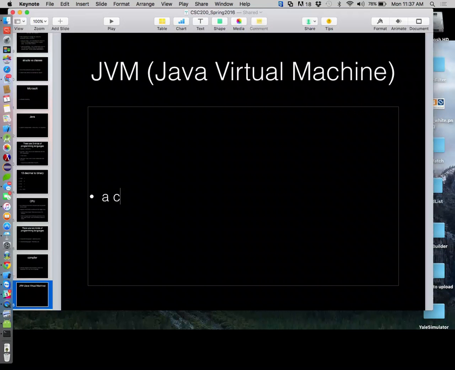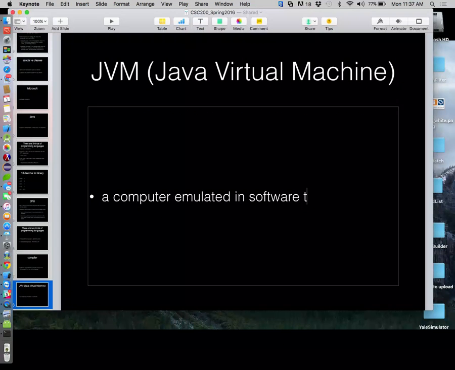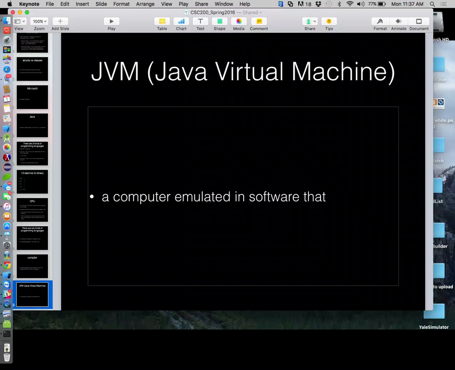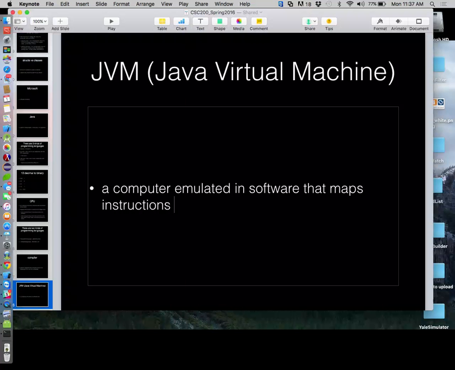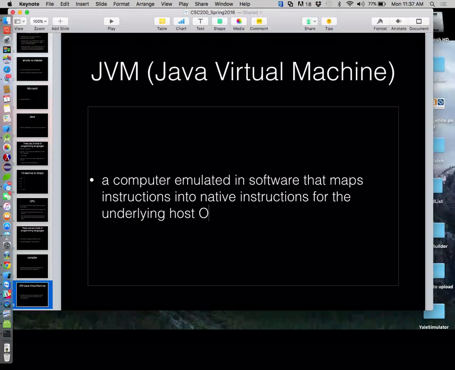This is a computer emulated in software that maps instructions into native instructions for the underlying host operating system.